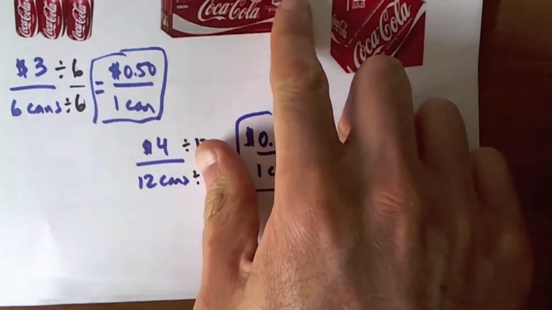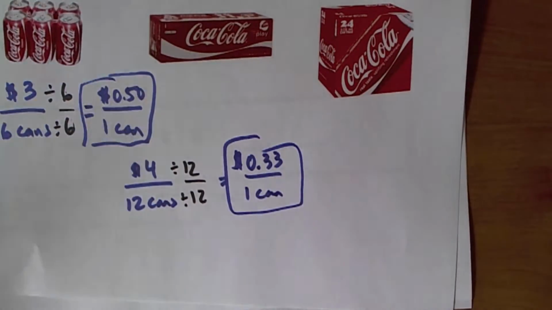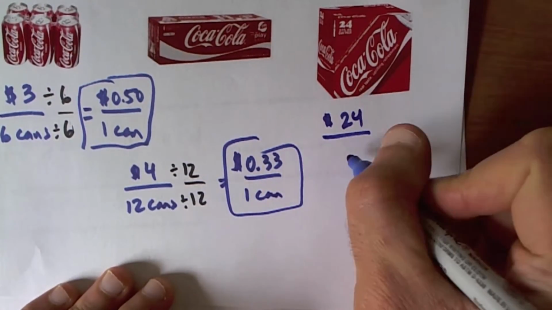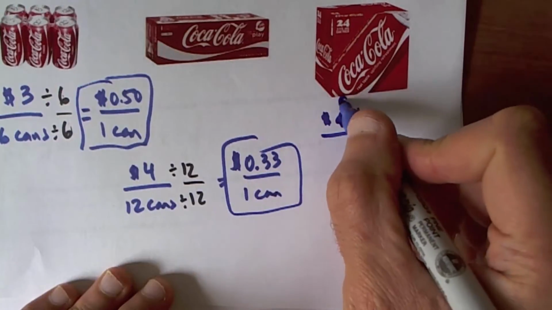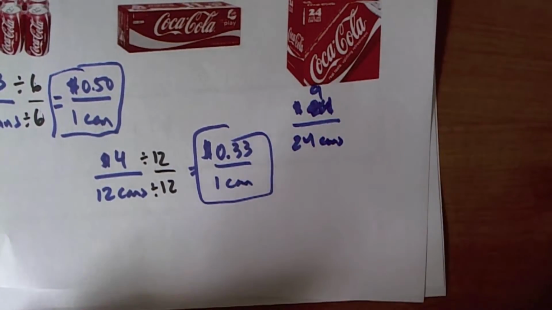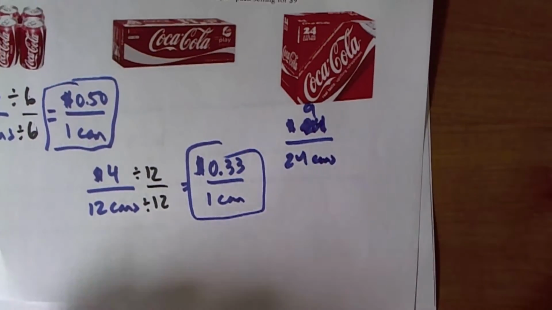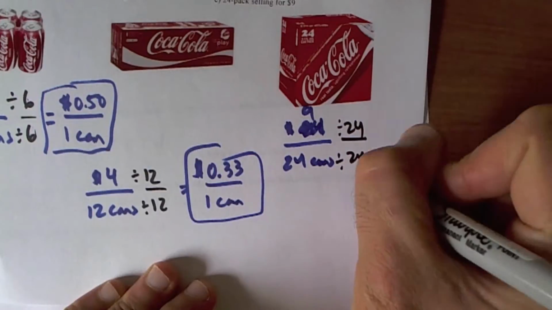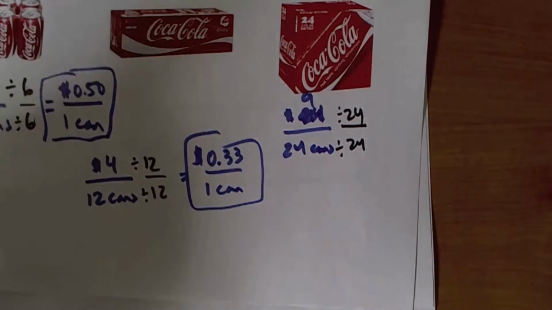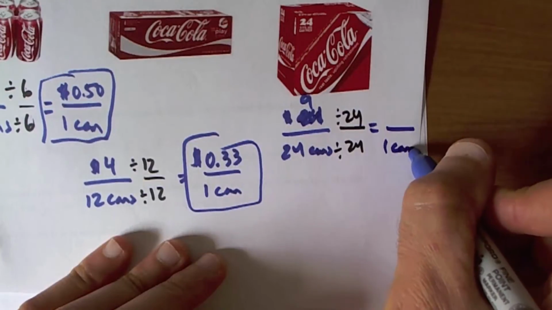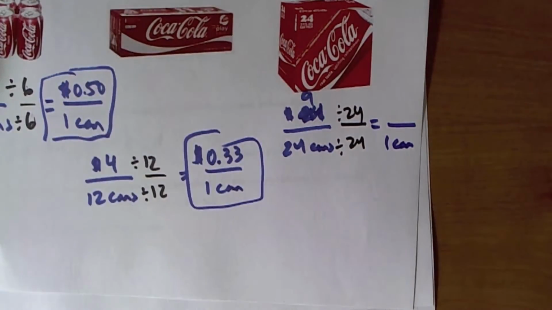And finally, a 24-pack selling for $9. So $9 buys me 24 cans. I want to turn that into 1 can, so I want to divide by 24 over 24, right? That's just an equivalent form of 1. So over here we get 1 can, and we have to find out what 9 divided by 24 is.